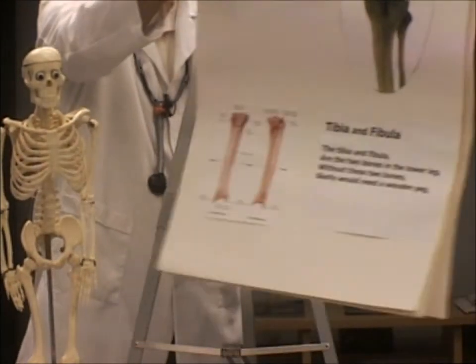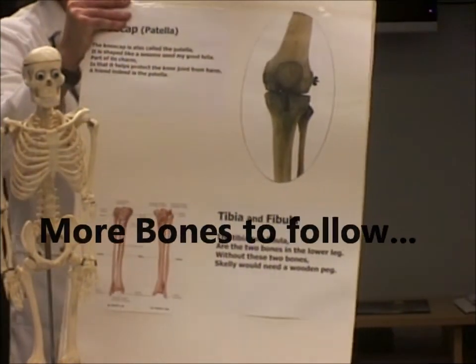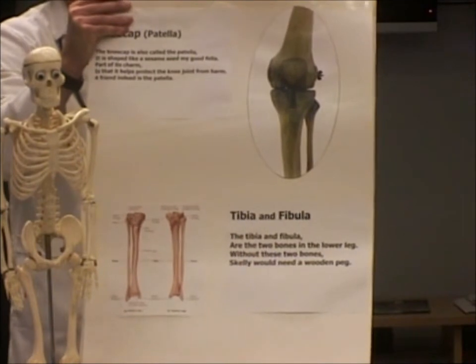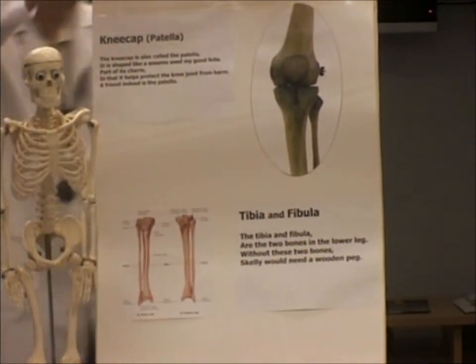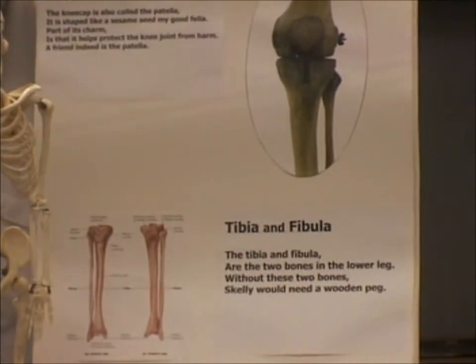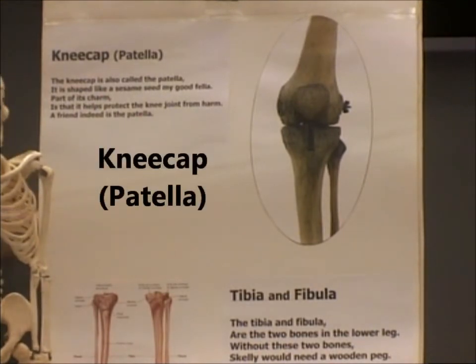Okay, so here we go. Now we should be seeing the lower leg bones. Of course, between the upper and lower leg bones, we've got that kneecap. Another problem for sports players. They crack the kneecap. Of course, there are other occupations you should be aware of.